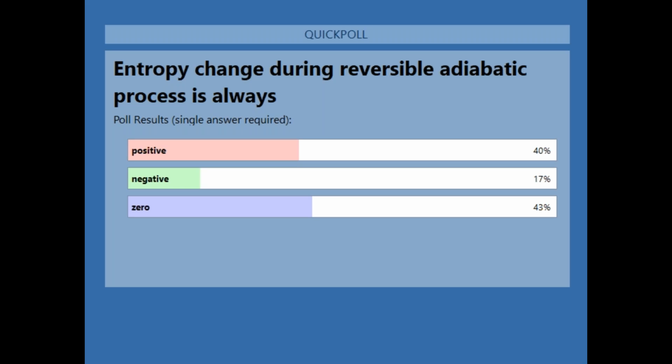Now let me close the sharing of the poll and show you the whiteboard. So I'm closing the poll, and now I will be showing you my whiteboard.